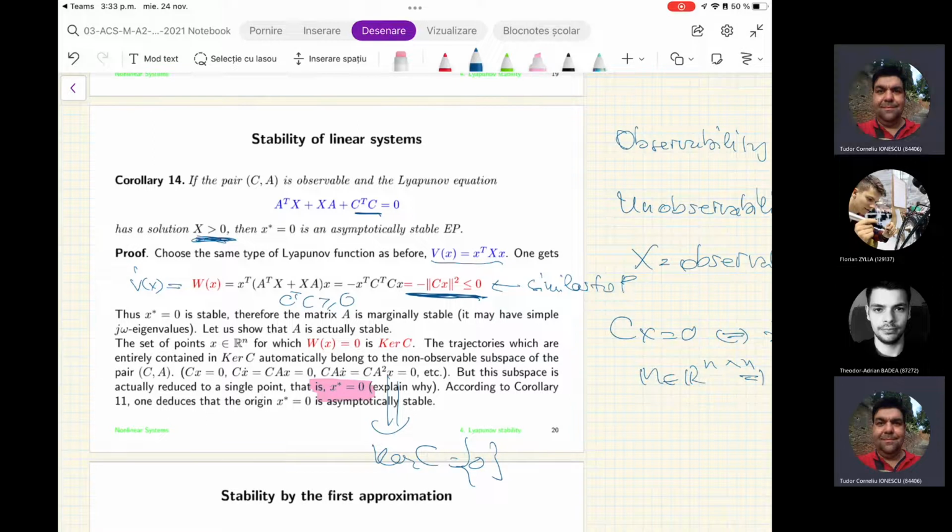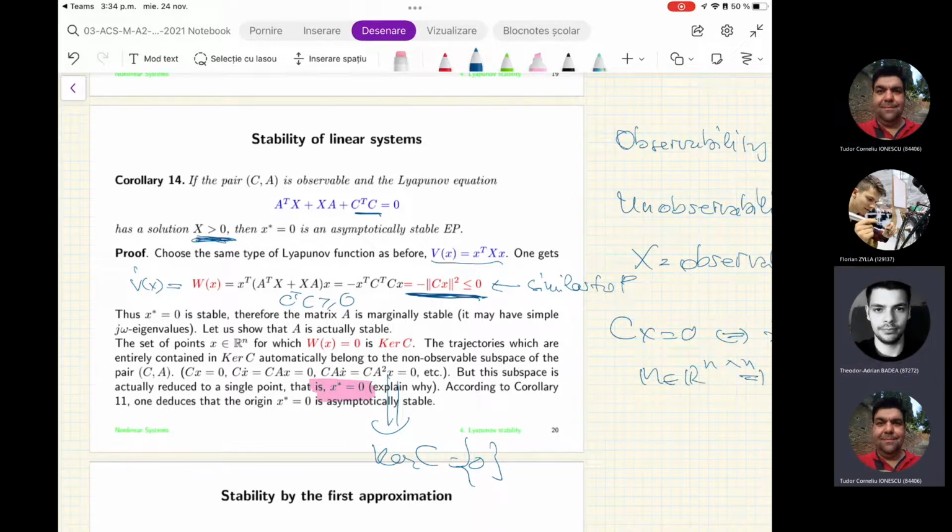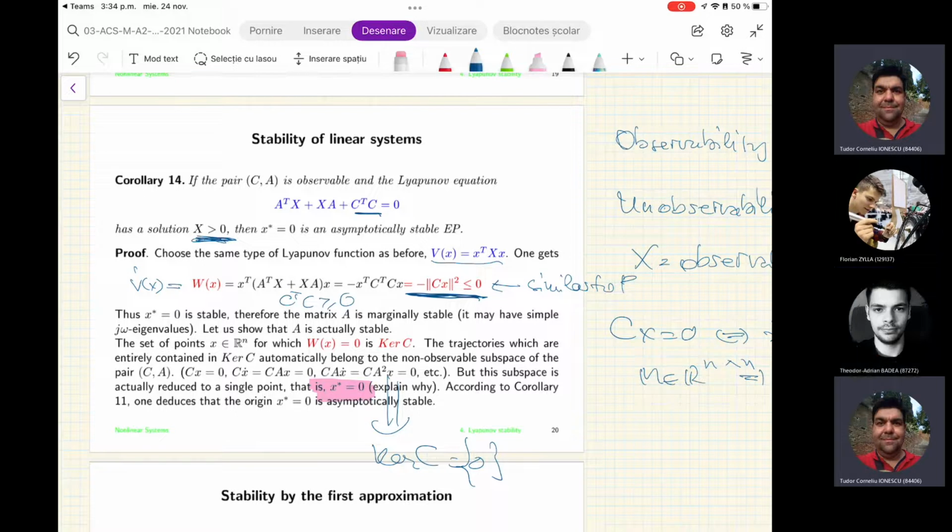Does it make sense to you? Is it making sense to you? Yes. All right. I hope so. I honestly do. Well, probably after reviewing the courses, it will be. Yeah, but you have to recall some stuff from linear systems.